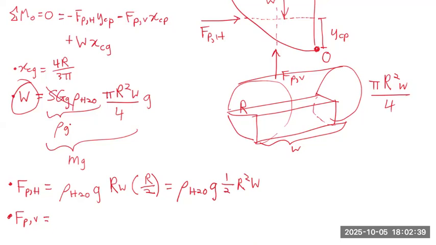We only need the density of water since we want to find the weight of this volume of water. So we can simply use what we calculated here and just take this portion. So then that is going to be rho of H2O times pi r squared W over 4 times g.